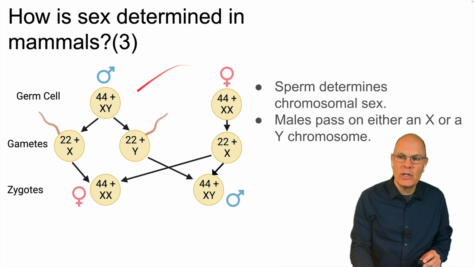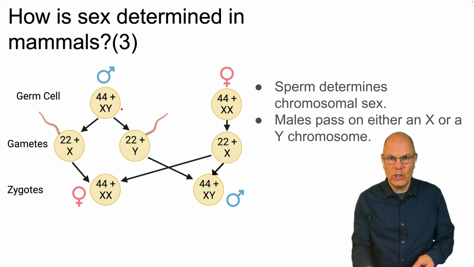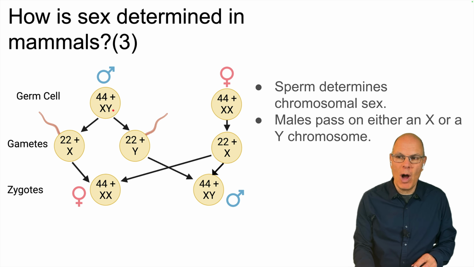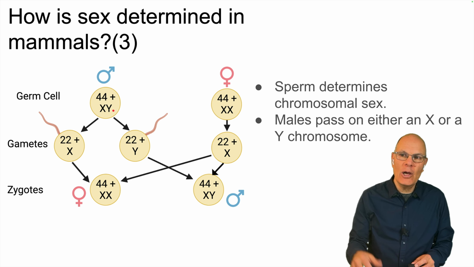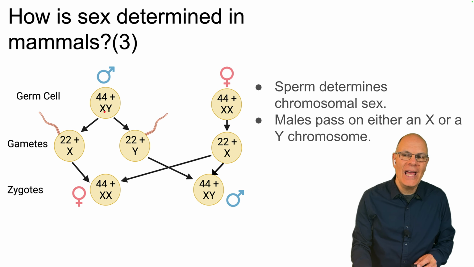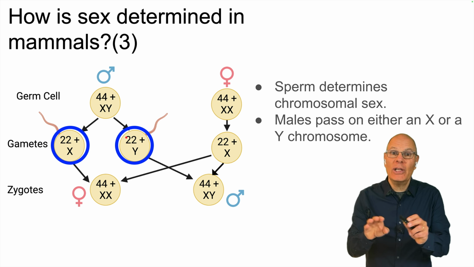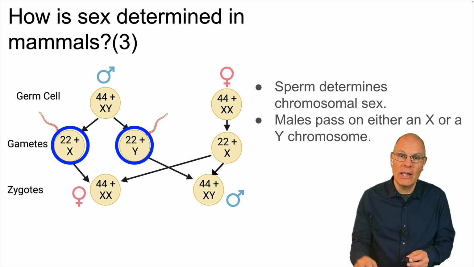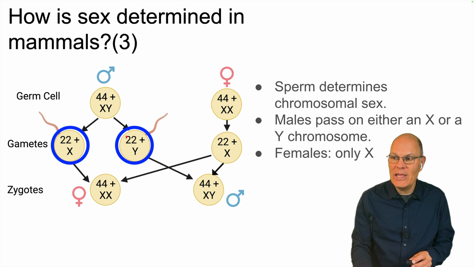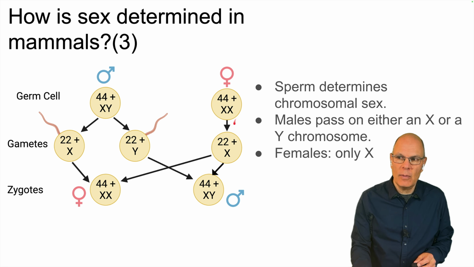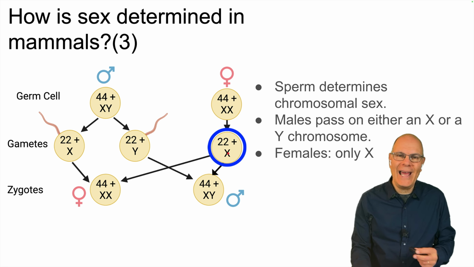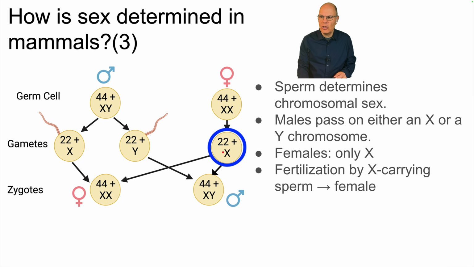The males, which have their 22 autosomes and then an X and a Y chromosome, during meiosis will pass on either an X chromosome or a Y chromosome, because even though they're not truly homologous, they will get separated, just like how the other homologous pairs get separated. The egg has two X chromosomes, so every single egg cell is going to have the X chromosome.